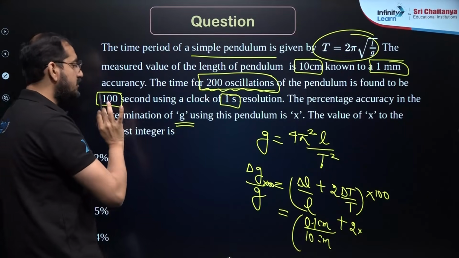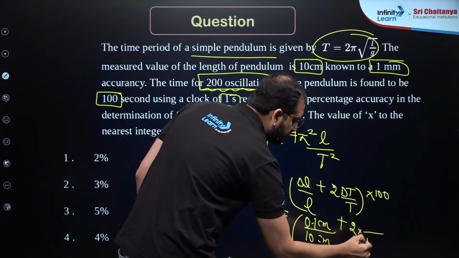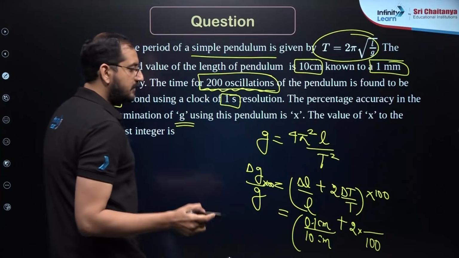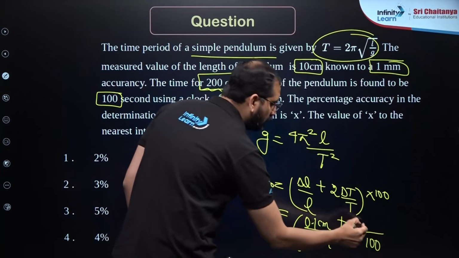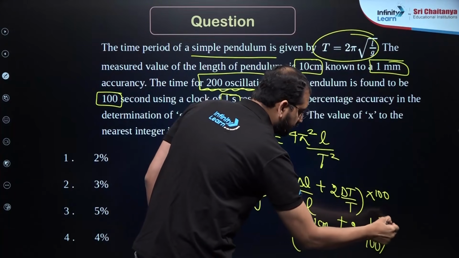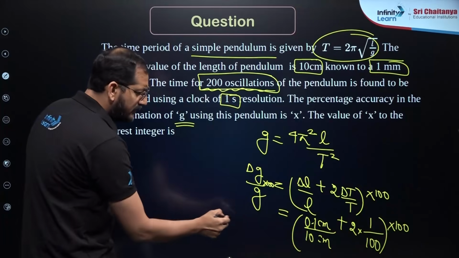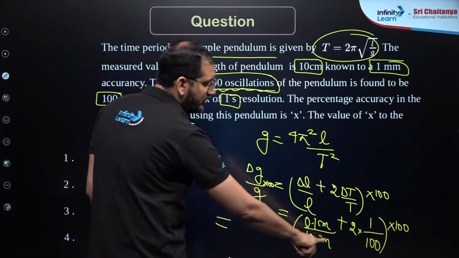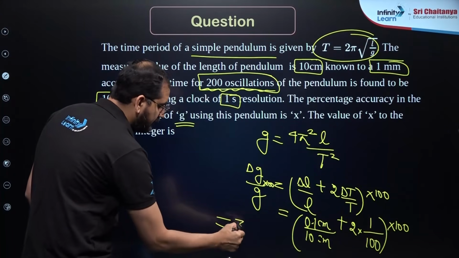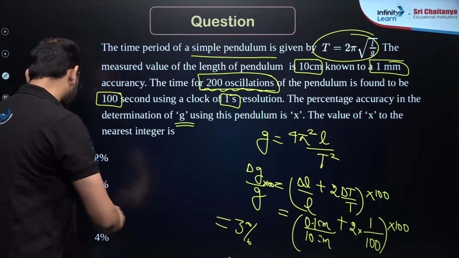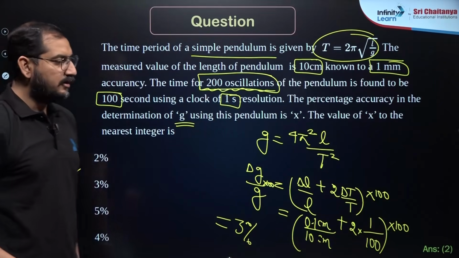For 200 oscillations, the total time period came out to be 100 with 1 second of resolution. Let's simplify this. This will give 1 and 2. So 2 plus 1 will give you 3%. Second option will be our right answer.